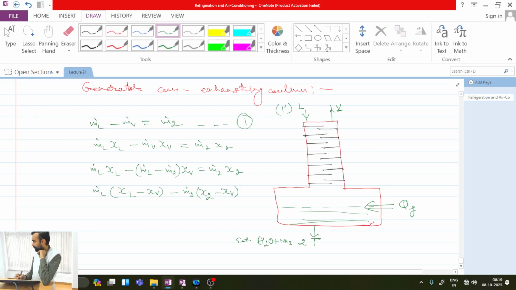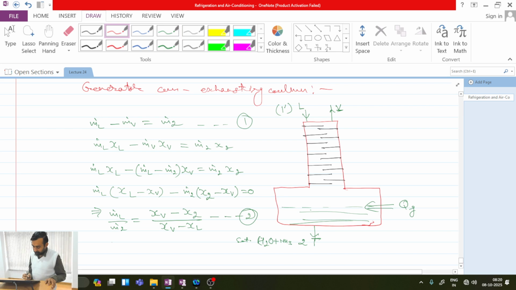Is it correct? Then if I calculate m dot L by m dot 2, what will I get? XV minus X2 divided by XV minus XL. So this is coming from the concentration balance.